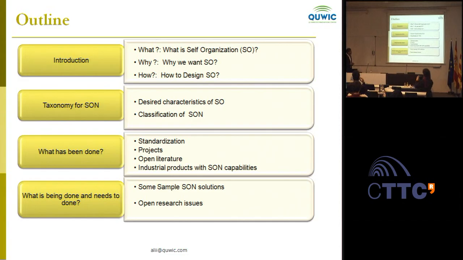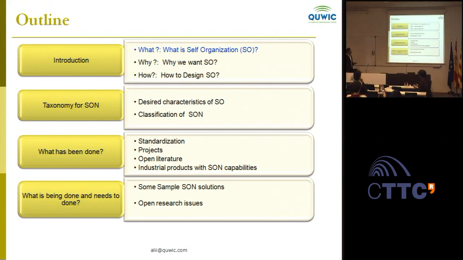Then the third part is a review of what has been done so far, consisting of 4 different regimes: standardization, projects, open literature, and also some overview of industrial products with SON capabilities. And in the last part, I'll go deep into some of the sample solutions which enable SON in cellular systems, concluding with some open research issues in this area.